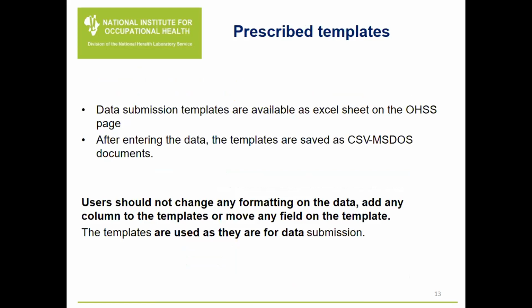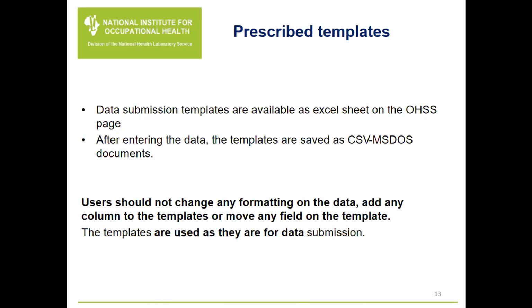Data submission templates are available as Excel sheets on the OHSS page. After entering the data, the templates are saved as CSV MS-DOS documents. Please note that the only form of CSV that the files should be converted to is specifically CSV MS-DOS, not any other.